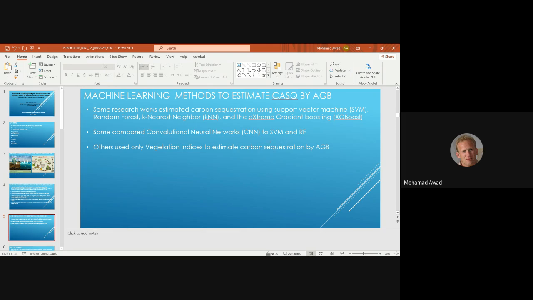At the same time, they compared to SVM and RF, and they ended up finding that convolutional neural network is superior to these conventional machine learning algorithms.